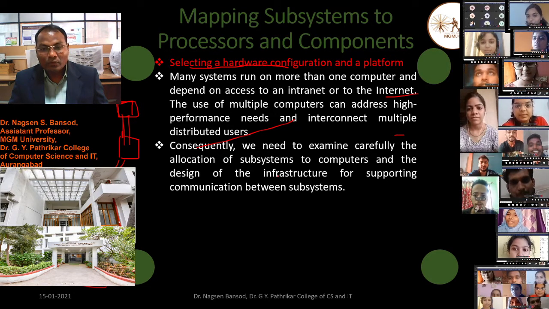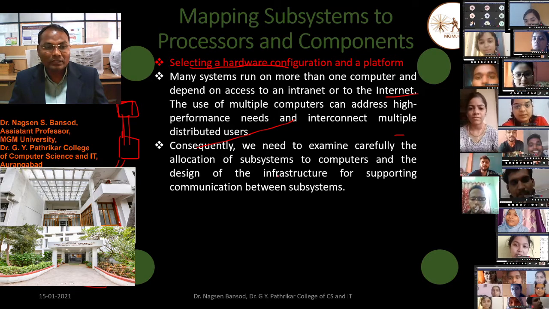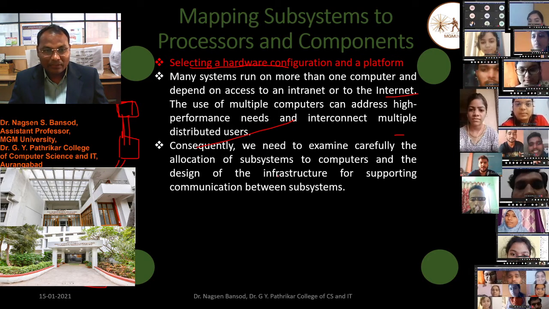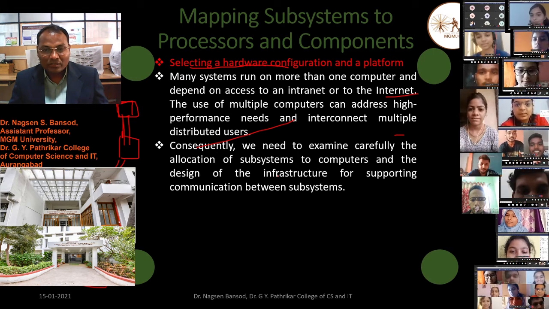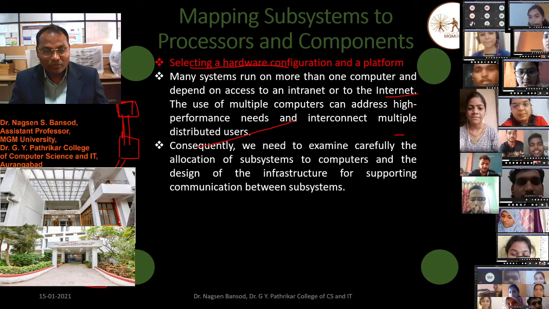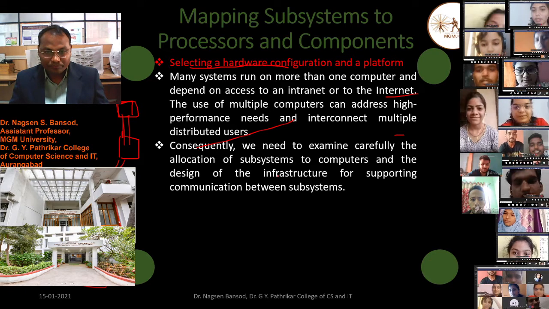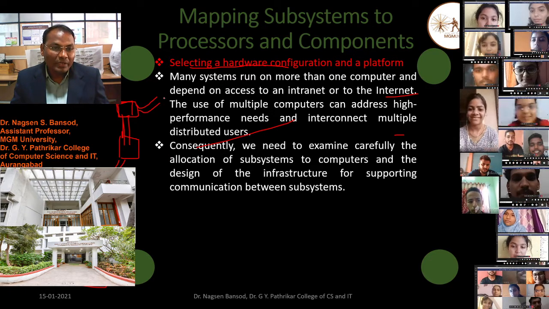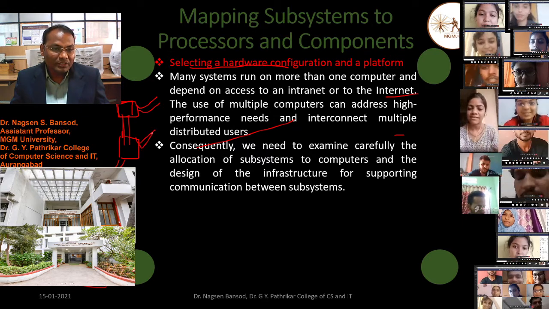Consequently, we need to examine carefully the allocation of subsystems to computers and the design of the infrastructure for supporting communication between subsystems. Therefore, we first have to examine all the configurations of the computers in the company.